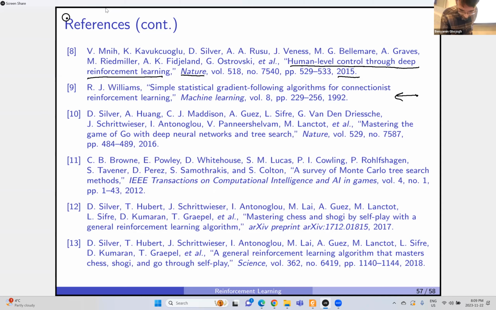This is Mastering the Game of Go with Deep Neural Networks and Tree Search. This is in Nature. This is the AlphaGo paper from 2016. A survey of Monte Carlo tree search (MCTS) algorithms. You can see it in this paper. Mastering chess and shogi, so this is the AlphaZero paper in 2017.